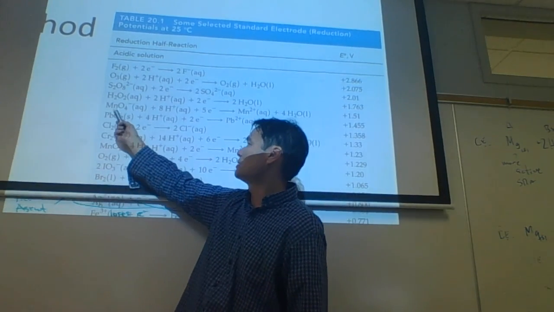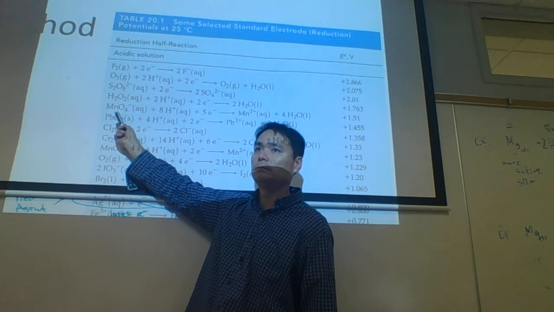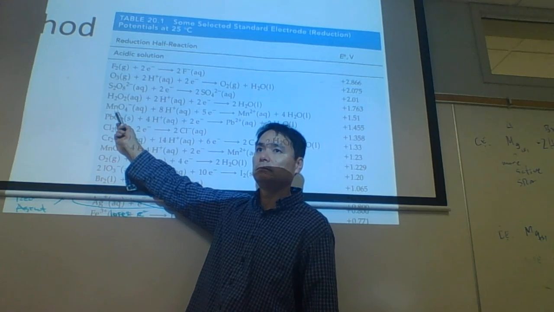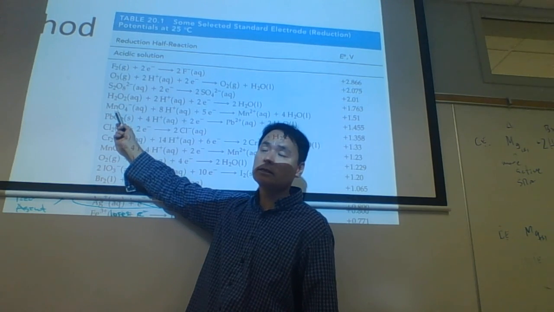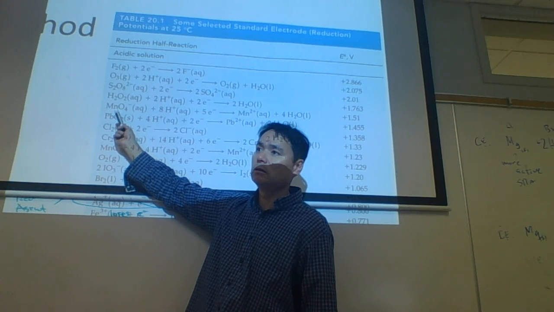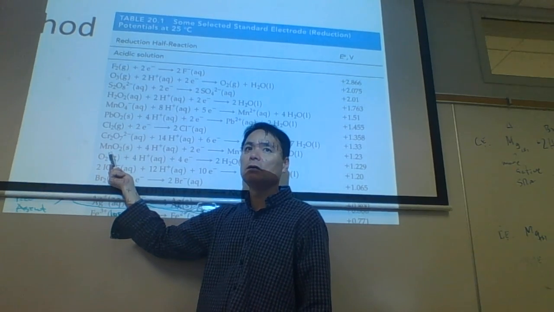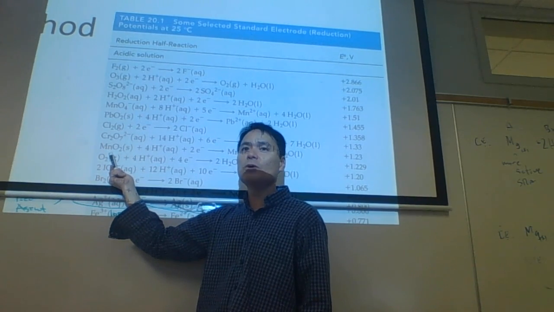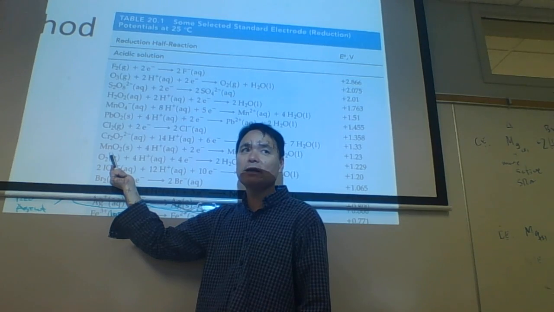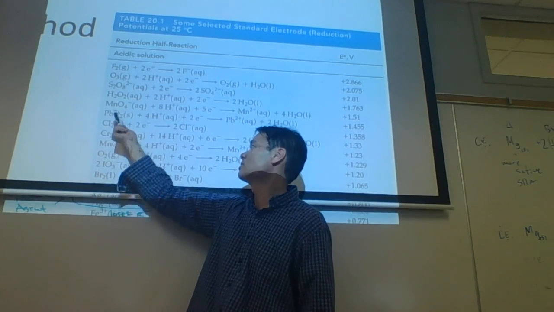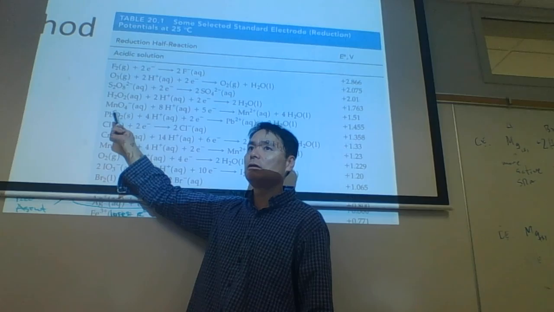What's the charge on manganese up here? It's +7. The manganese down here is +4. Which one wants electrons more, +7 manganese or +4 manganese? +7, so it's going to be a more powerful oxidizer.